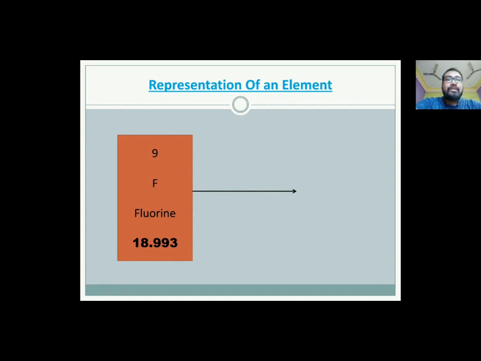Now to determine the mass number, we have to consider the atomic mass, which is 18.993 atomic mass units. Now remember, mass number is always the nearest whole number to the atomic mass. So in this case, the nearest whole number to the atomic mass is 19. That means we get mass number as 19, which will be sitting at the top as a superscript.